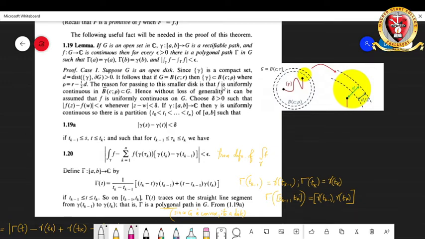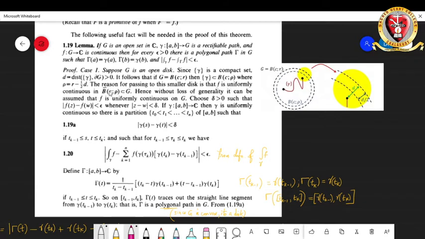Now, the function is given to be continuous from G to C, and it is continuous inside G. So we are considering the closure of this B(c, rho), the smaller disk, and it is compact. Every continuous function on a compact set is uniformly continuous.